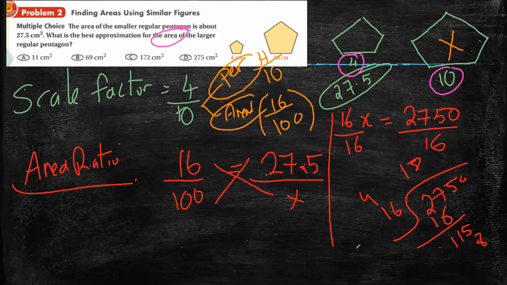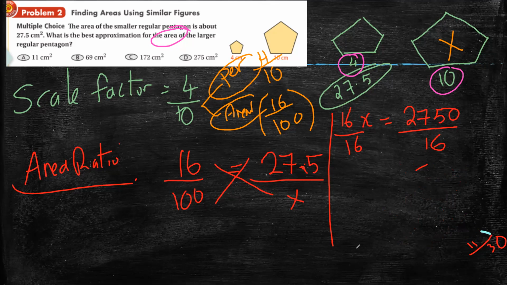So it will be 7. Times 6 is 42. The remainder is 3, 0. So approximately 171.5.